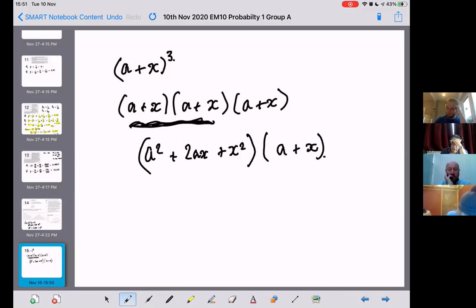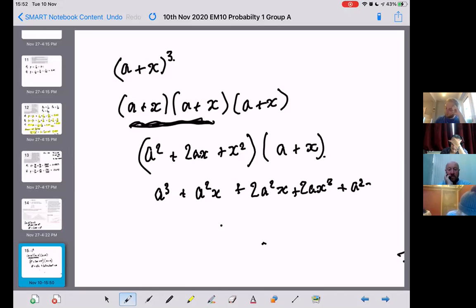So a squared times a is a cubed. a squared times x is a squared x. 2ax times a is plus 2a squared x. 2ax times x is 2ax squared. x squared times a is a squared x, and x squared times x is x cubed.